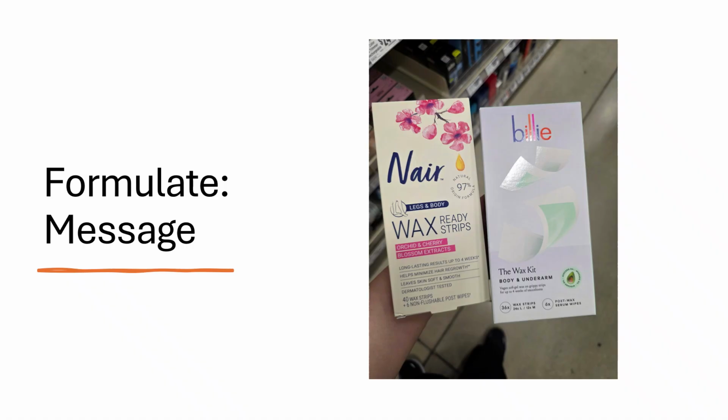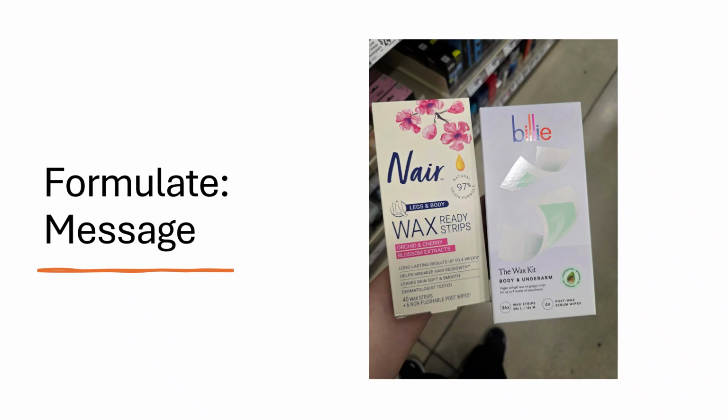It communicates its values, natural ingredients, that it's cruelty-free, and body positive messaging without distractions. On Nair's design, well, it is informative. It is visually crowded. There's a lot going on with floral graphics, scent descriptions, and multiple claims on the packaging. Billie's design feels intentional and focused, and Nair could benefit from narrowing down visual language to better support its core message.